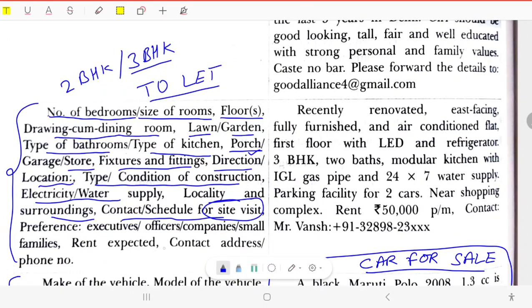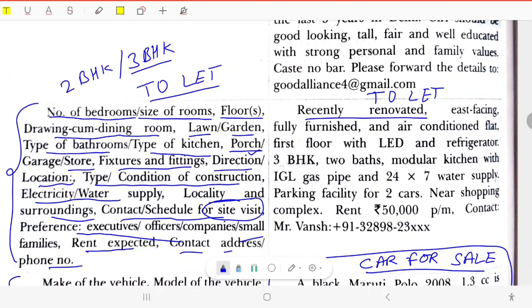There may be some preference, that some people prefer to give to government employees, some prefer to give to bankers. So what's your preference? Who do you want to rent the property to? And what's your expected rent? And your contact and address with phone number. So its heading will be TO LET in capital letters.